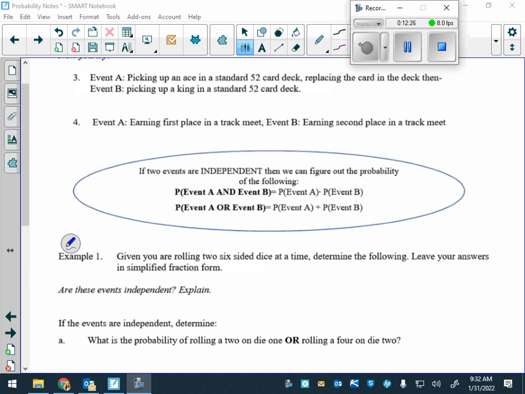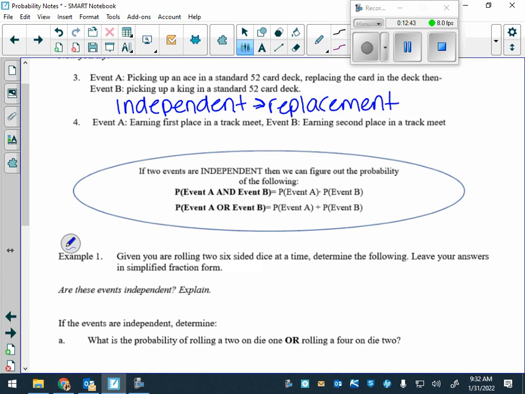Independent or dependent? Yeah, Catherine. Independent, why? Good. Independent. Because of replacement. How about number 4?